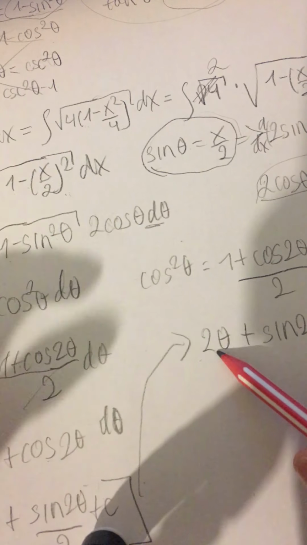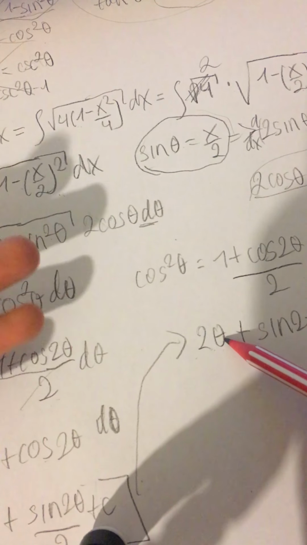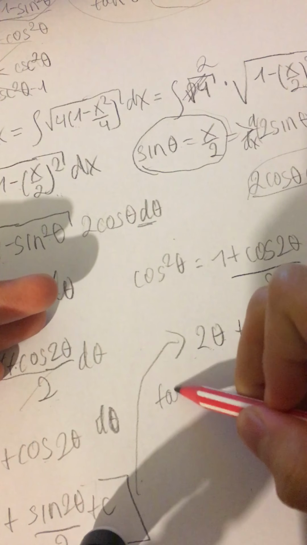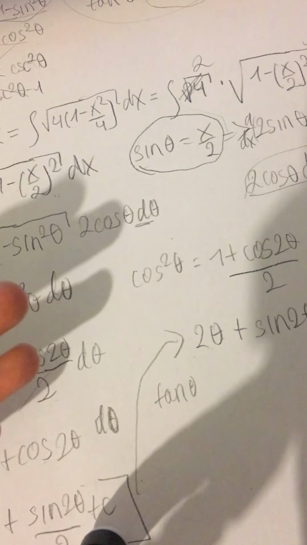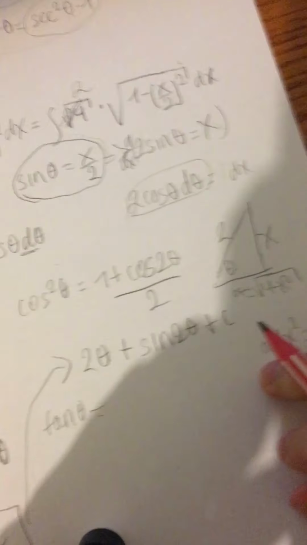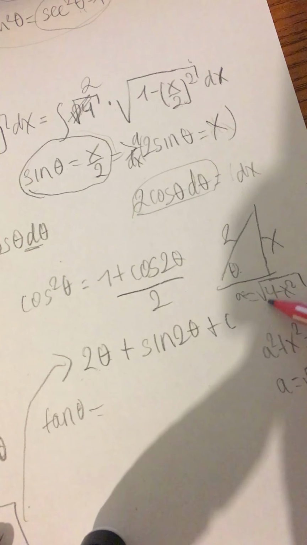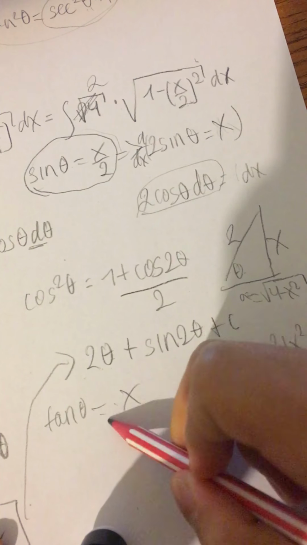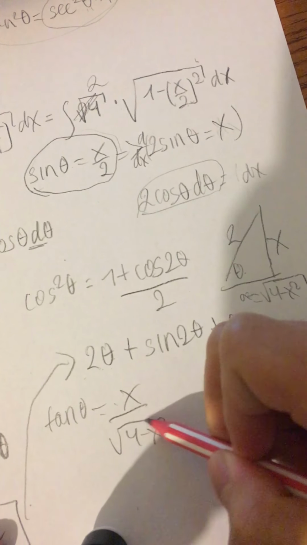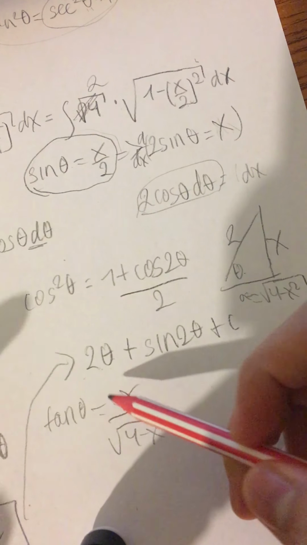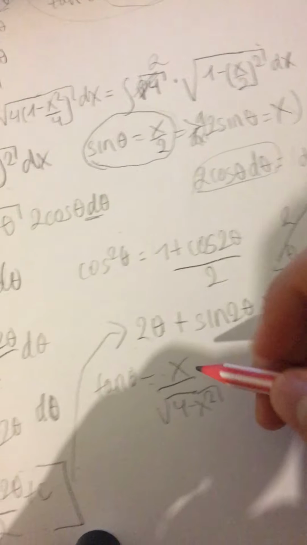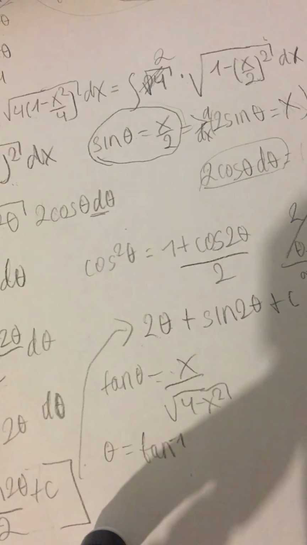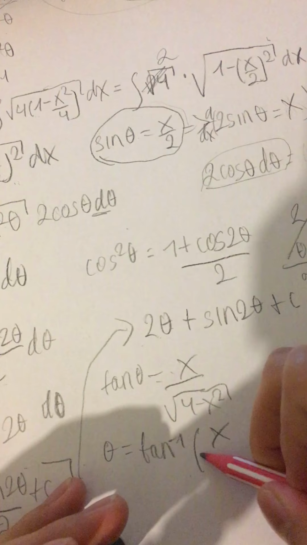And so to find theta, remember that you can say that the tangent of theta is x over root of 4 minus x squared. So if you want to solve for theta, you take the inverse of that. So theta is going to equal inverse tangent of all of this.